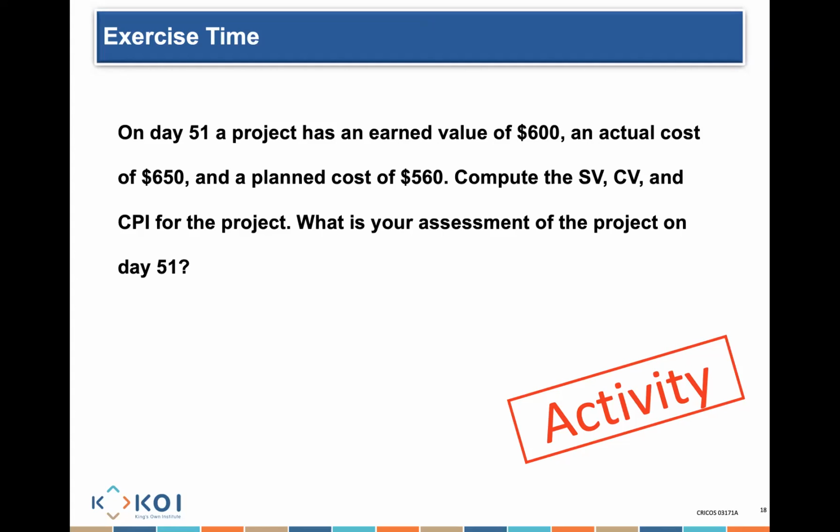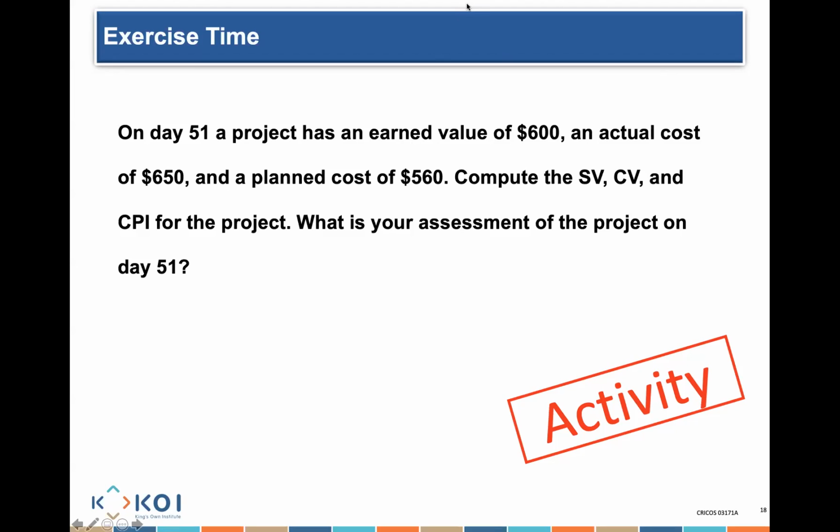It means I am paying $1, but the amount of work that I'm completing is only $0.92 worth of work. So from a cost perspective, for every dollar that I'm spending, I'm only completing $0.92 worth of work instead of $1 worth of work, as I should be.